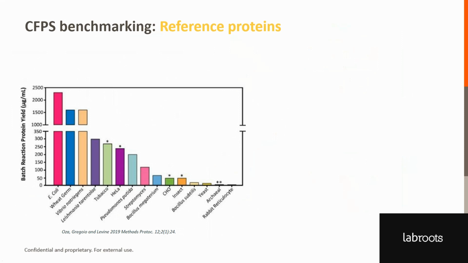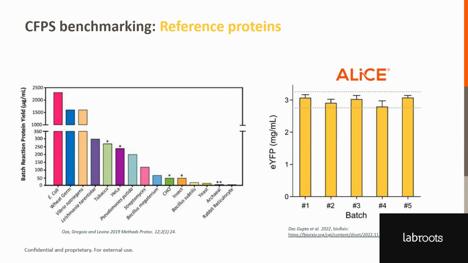Looking at where ALiCE sits in comparison to other systems, we have here some reported reference protein yields from cell-free systems derived from various lysates. These reference proteins are either fluorescent protein or in some cases luciferase, basically simple proteins that you can use to quickly visualize the yield coming out of your system. The main factor about ALiCE is our really quite strong yields.